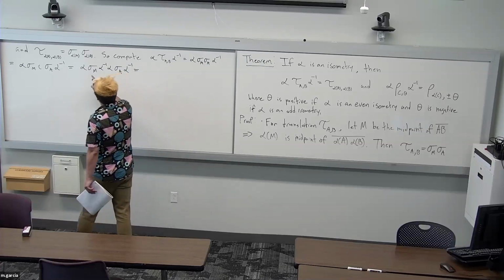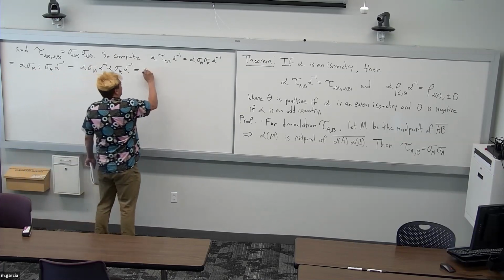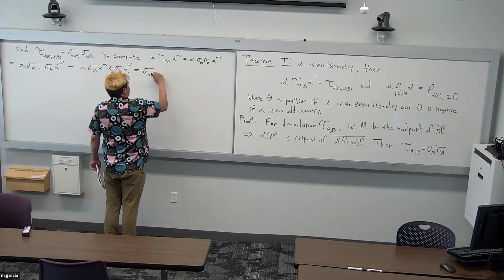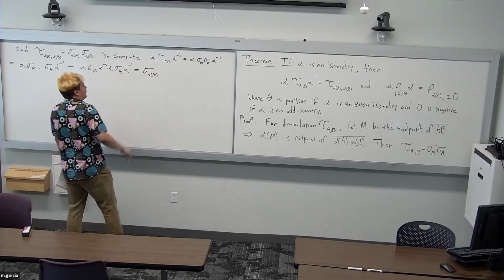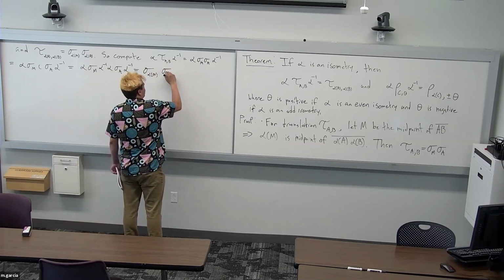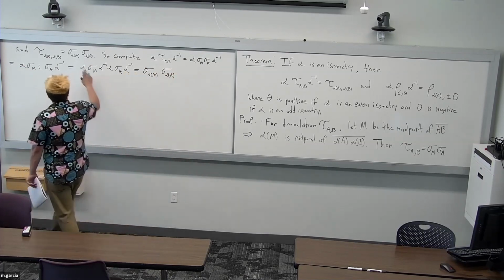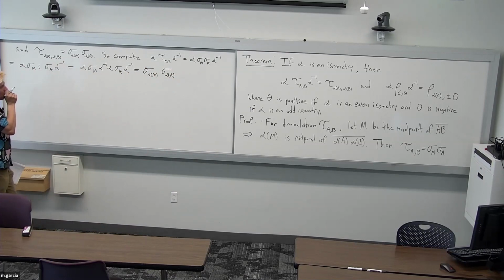So what's sigma sub M conjugated by alpha? Well, that's just sigma sub alpha of M. Likewise here, for sigma sub A conjugated by alpha, we just have sigma sub alpha of A. That's just our second equation up here.